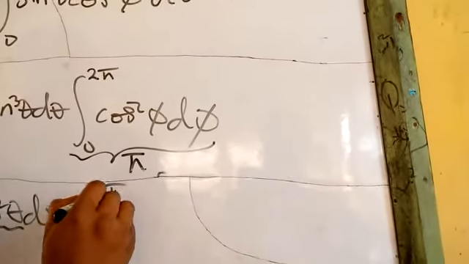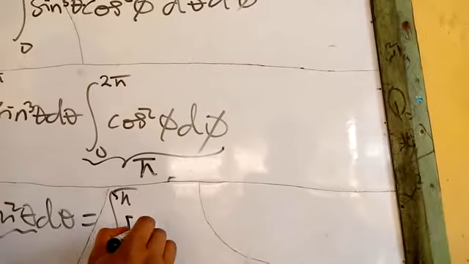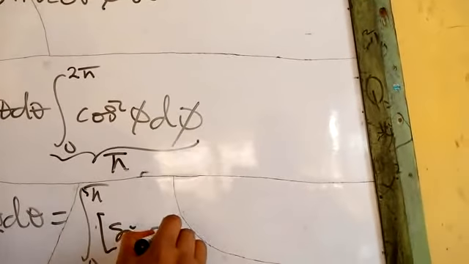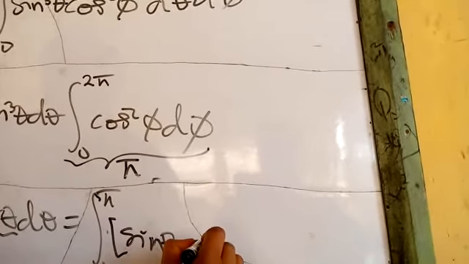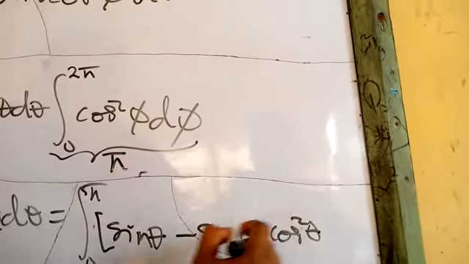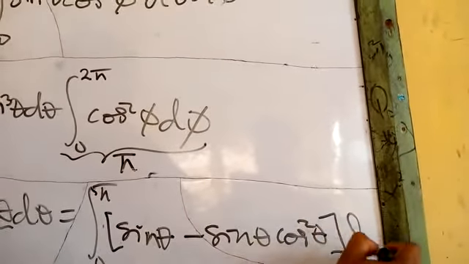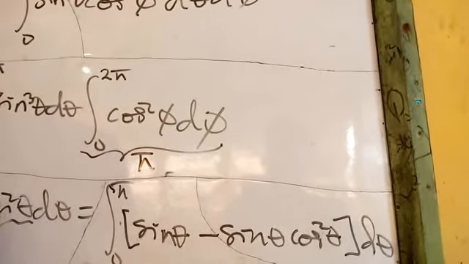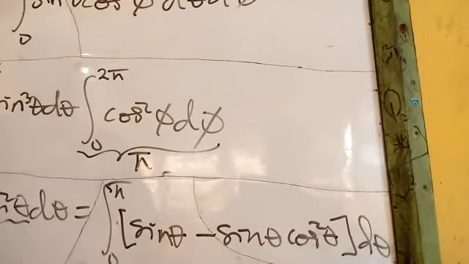So I can take this to be sine theta, and then this is going to be minus, of course, sine theta, but cos squared theta d theta. Yeah, by simply substituting 1 minus cos squared theta for that.